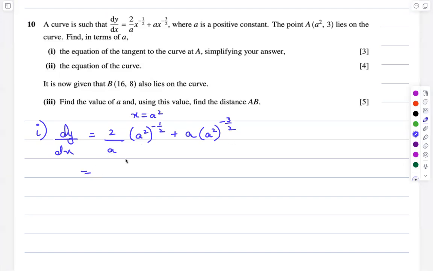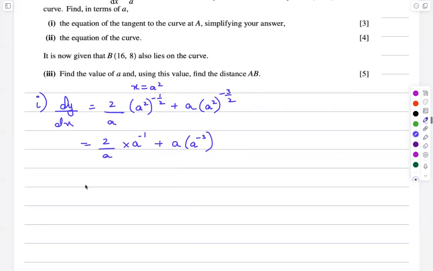So a² to the power minus 1/2, that will become 2 into a to the power minus 1, so the 2s cancel out. So 2 into minus 1/2 becomes minus 1. Plus a into a to the power minus 3. So we can write this as 2 upon a², and a into a^(-3) is a to the power minus 2, as this power is 1.